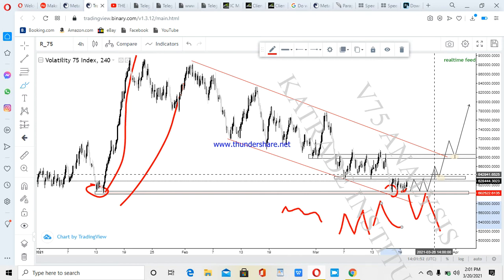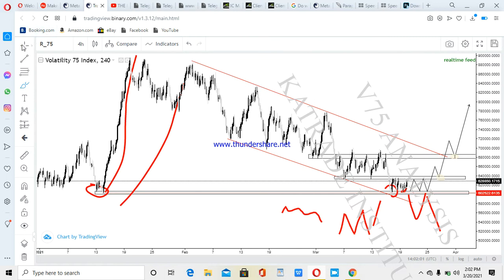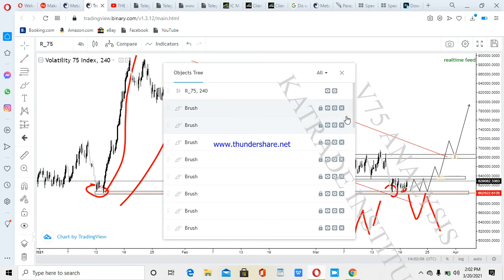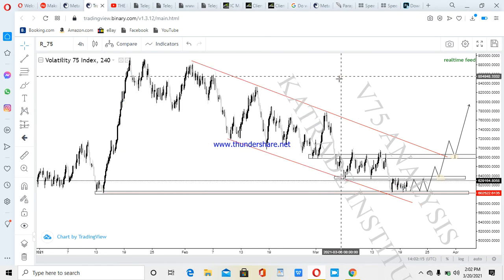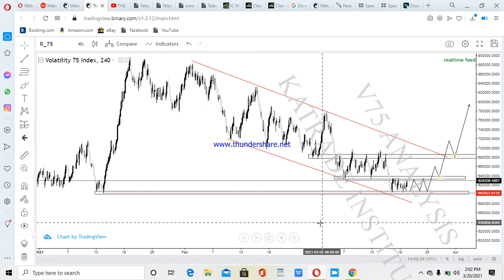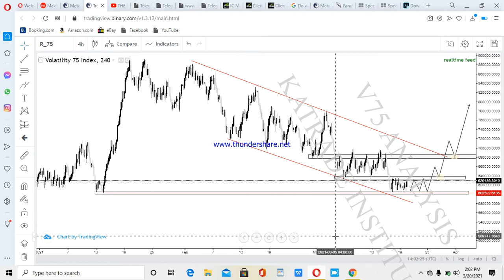Remember we said that before a trend can change, if we're in a downtrend, we expect price to break the most recent swing high before we consider the price to be in an uptrend.